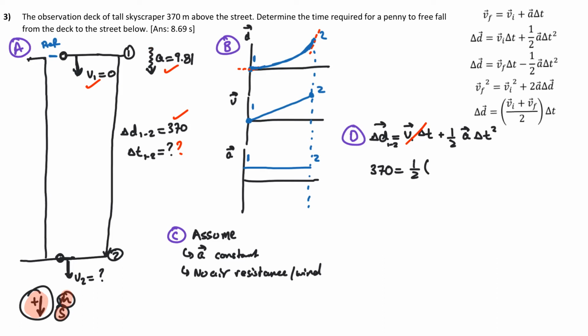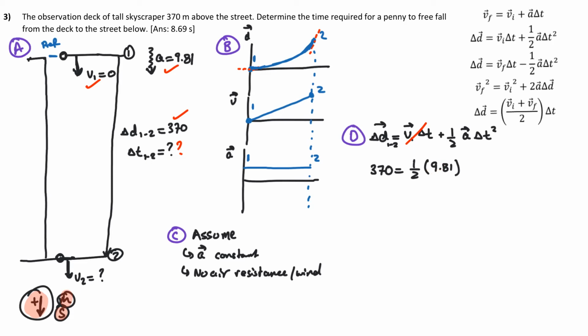Acceleration, it's pointing downwards. That's same as my positive sign convention, so I am going to use a positive value of 9.81. It all has to do with the direction relative to our positive sign convention. They match, so we use positive.